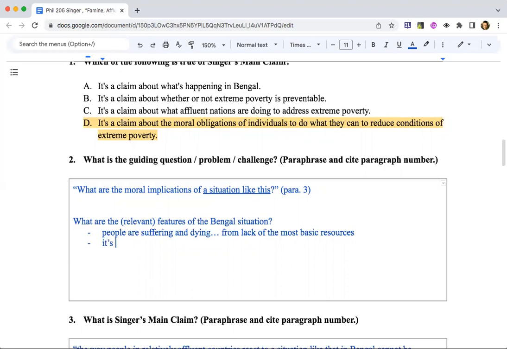It's not inevitable, is the claim. But people aren't acting, not at the level of individuals, not at the level of governments.